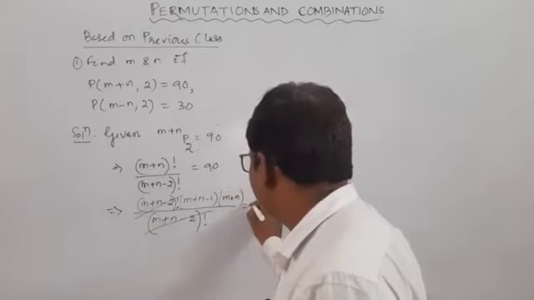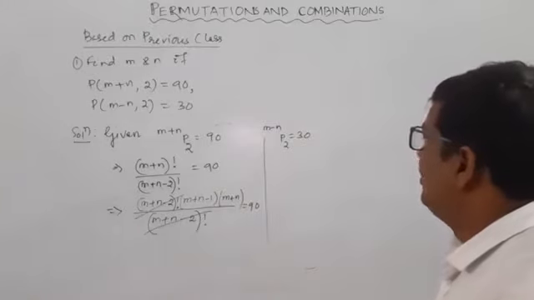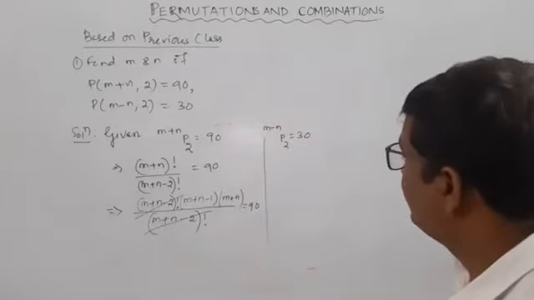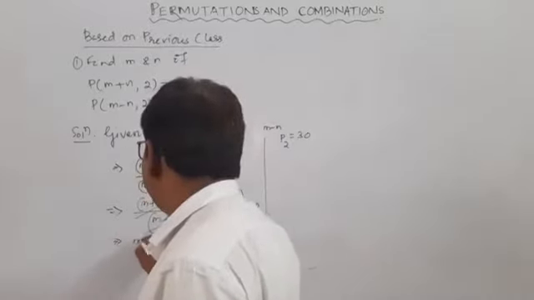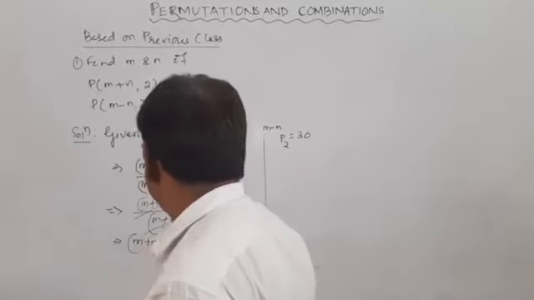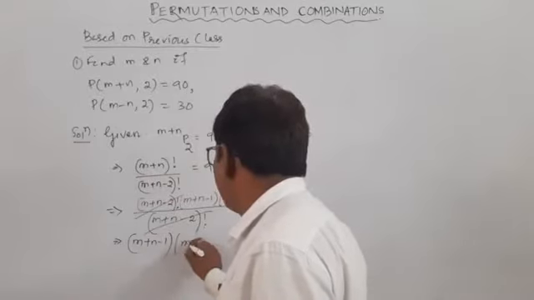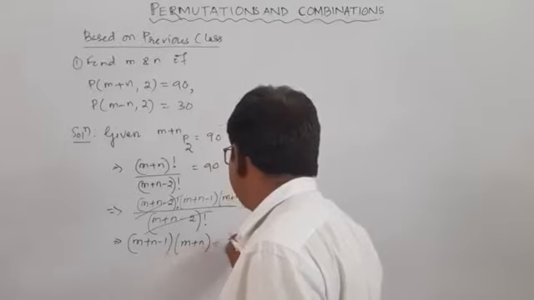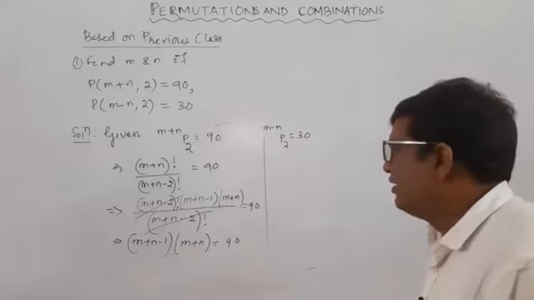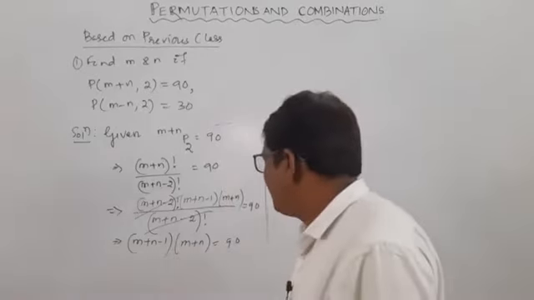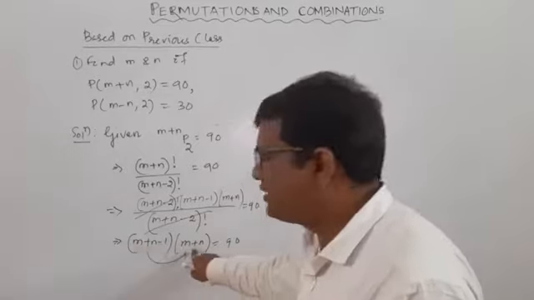Now the remaining is (m+n-1) into (m+n) is equal to 90. These are two serial numbers, this is smaller and this is greater.